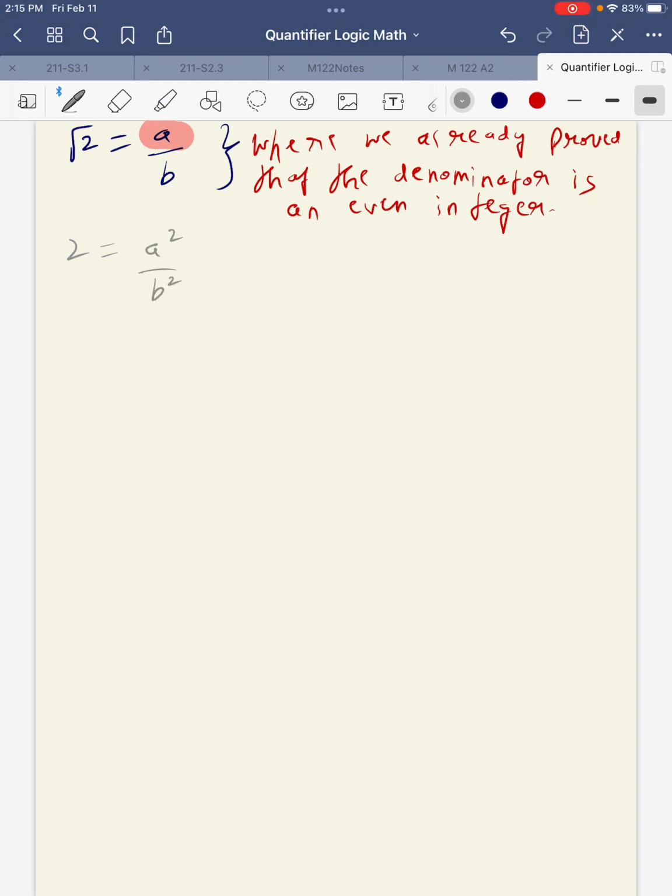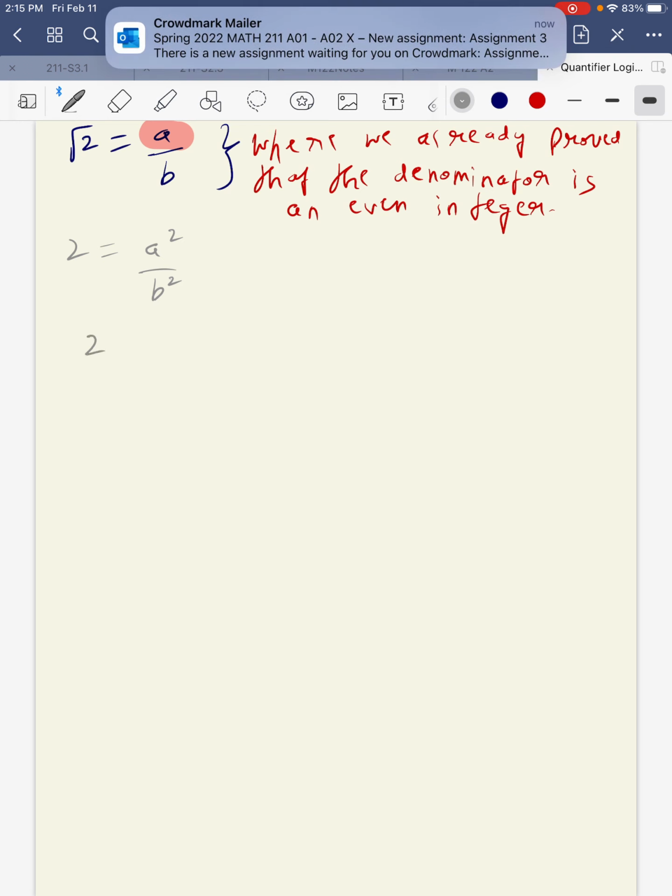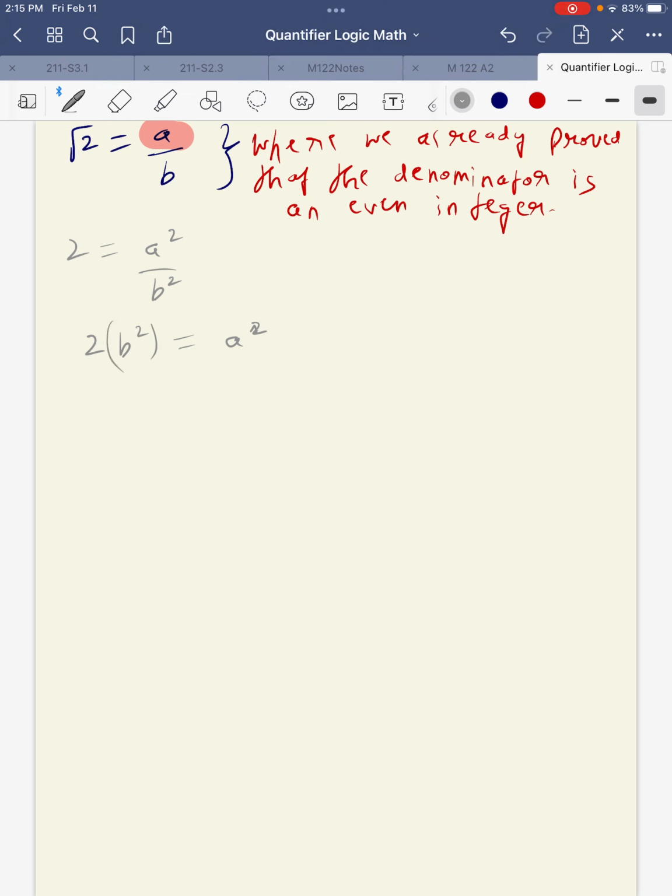So writing it further, 2b squared is equal to a squared. So a squared is even, because 2 multiplied by any integer, doesn't matter if it's odd or even, is always even.